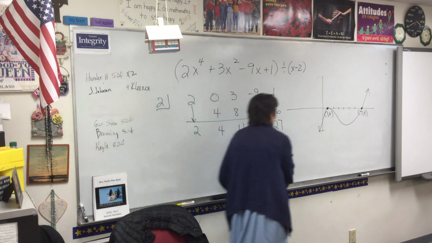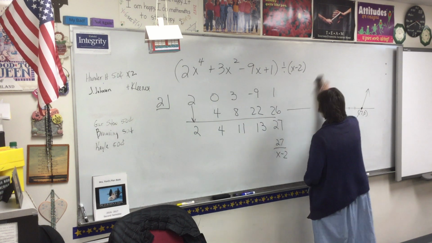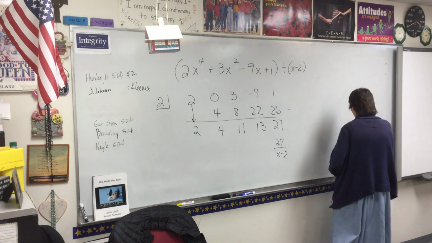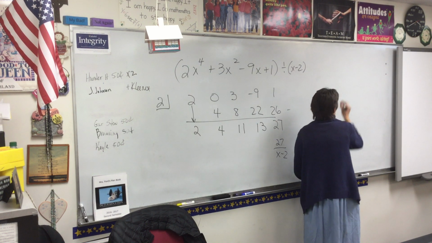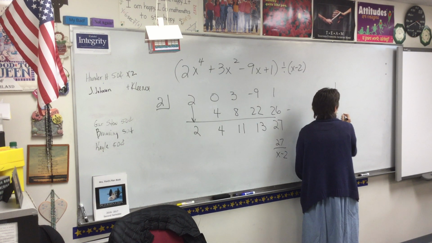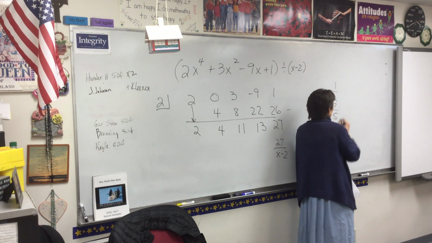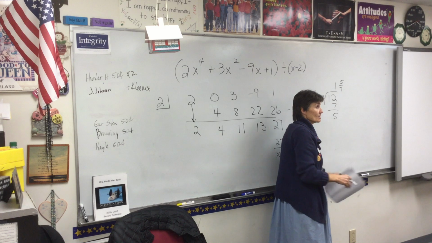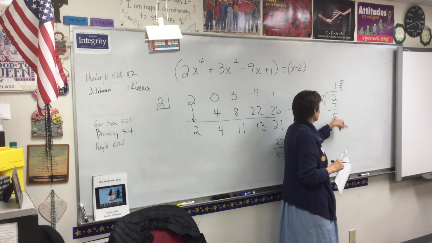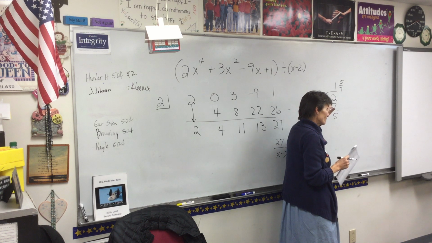And before we go on, let me remind you, you already know that. If I did 12 divided by 7, it goes in once and leaves the remainder of 5. So I would write 1 and 5 sevenths. So whatever my remainder is, I put it over what I'm dividing by, right?